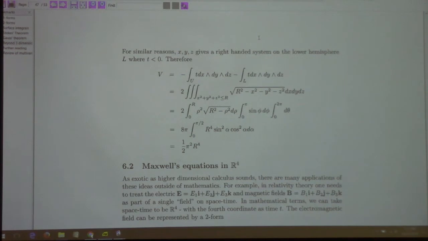Generalized Stokes theorem does come with some fine print, right? It's only for compact manifolds. So we have to have a manifold that has a boundary that's oriented. There's a fair amount of fine print that goes with the generalized Stokes theorem, but it's often applicable. So, all right, well, that's what I got for here.